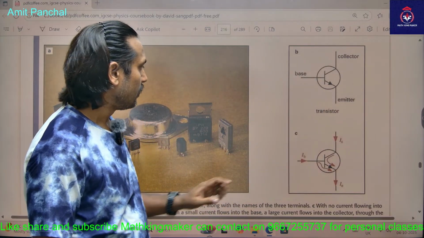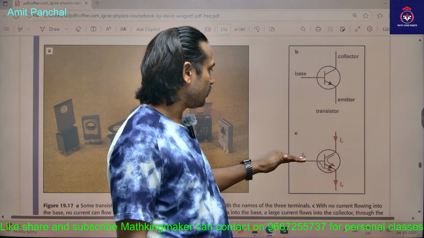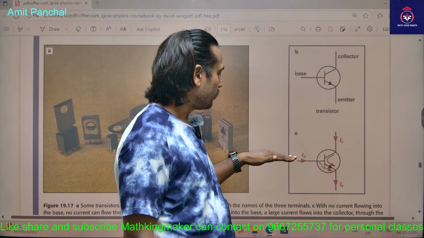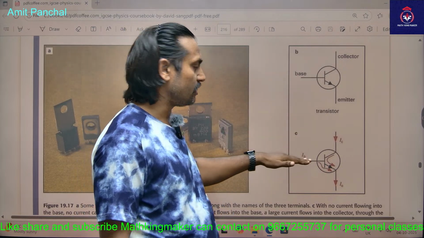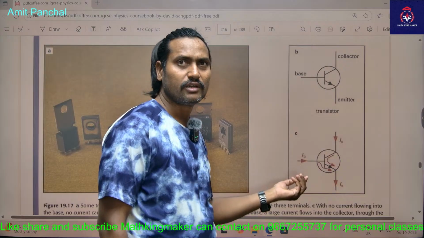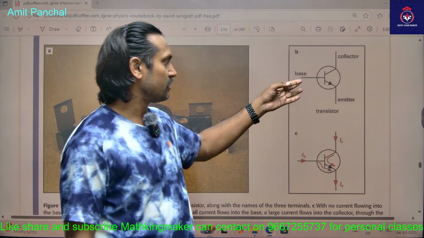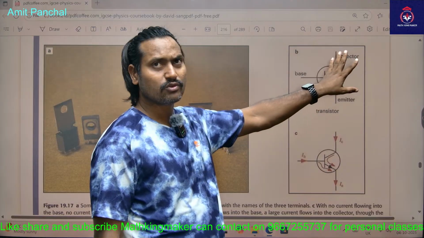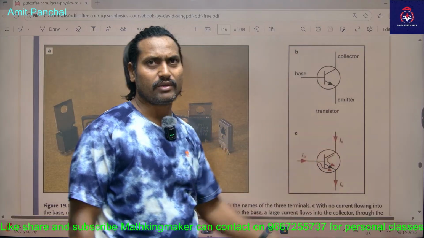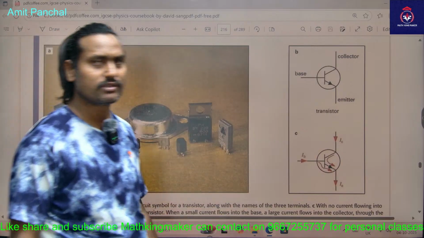Here you can see the current passing through IB, that is the base current, the current flowing in the base. So there are three legs: one is called the base, one the collector, one the emitter. We'll understand how it works.